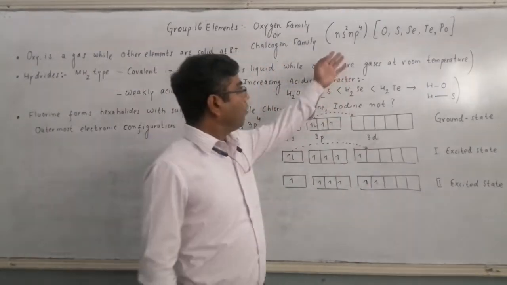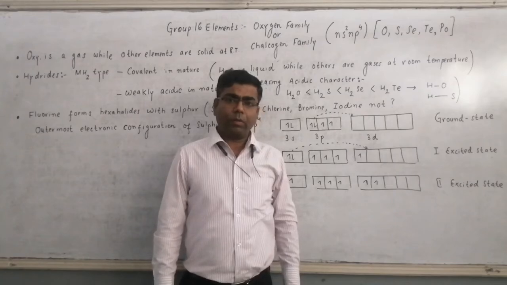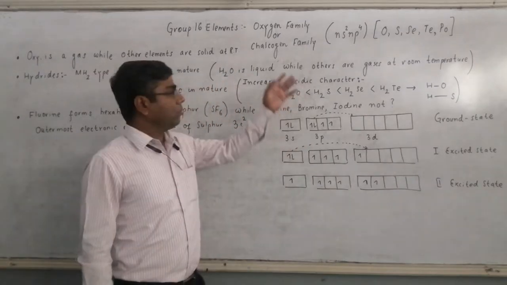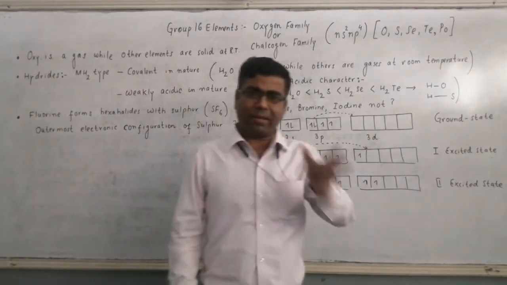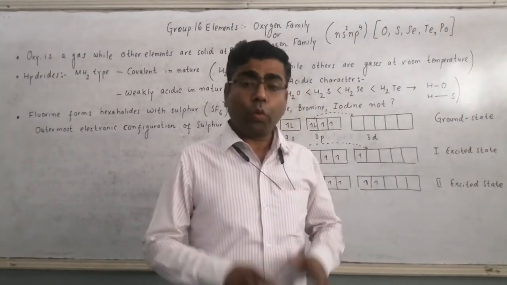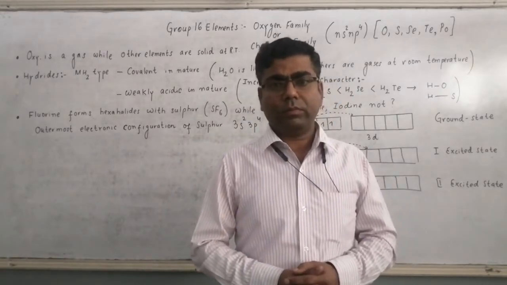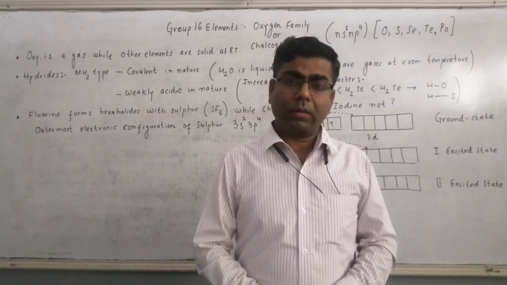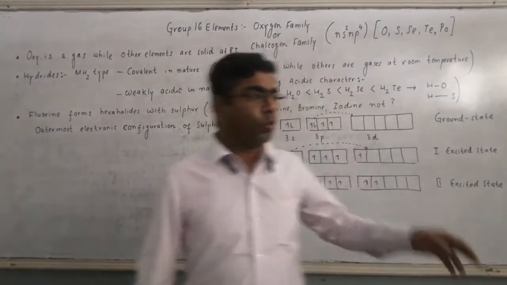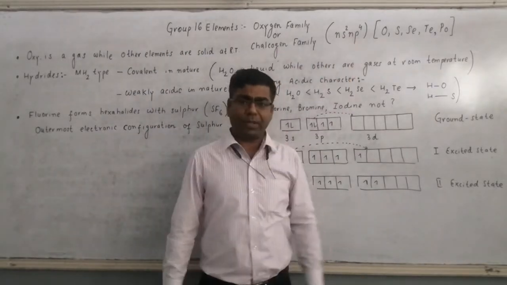Now, their general outermost electronic configuration: because the members belong to 16 group or 6A, 16 minus 10, total valence electrons will be 6. 2 electrons in ns subshell and 4 electrons in np subshell.